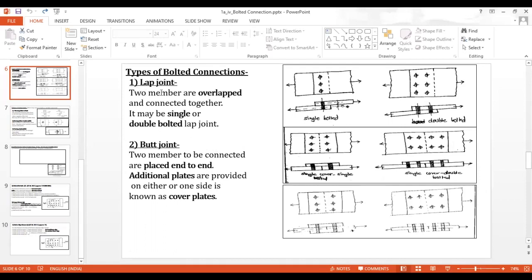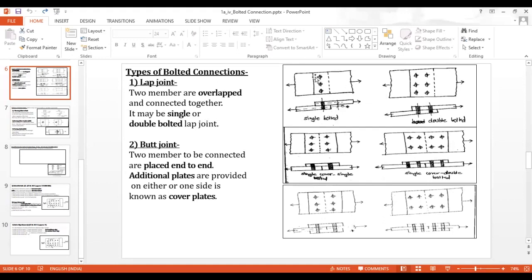Lap joint: two members are overlapped and connected together. It may be a single or double bolted lap joint. See here in the diagram, I am showing it by the cursor.